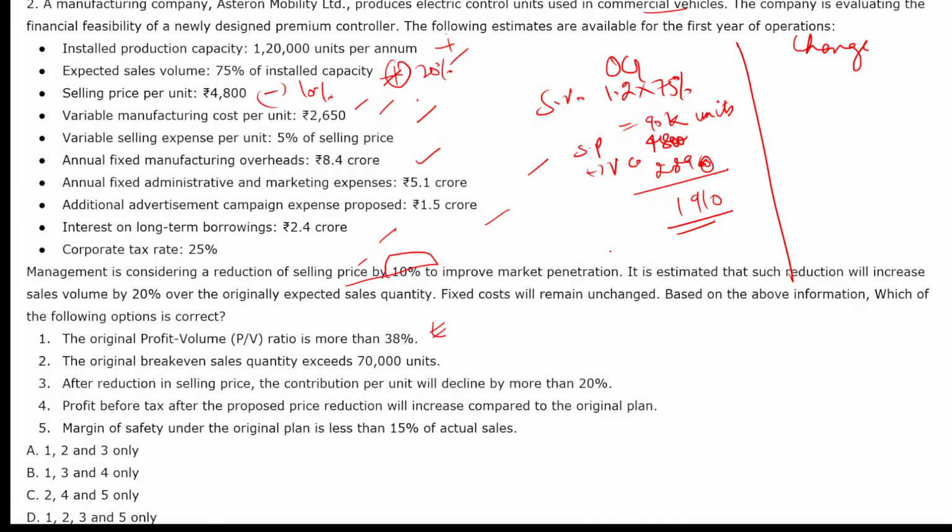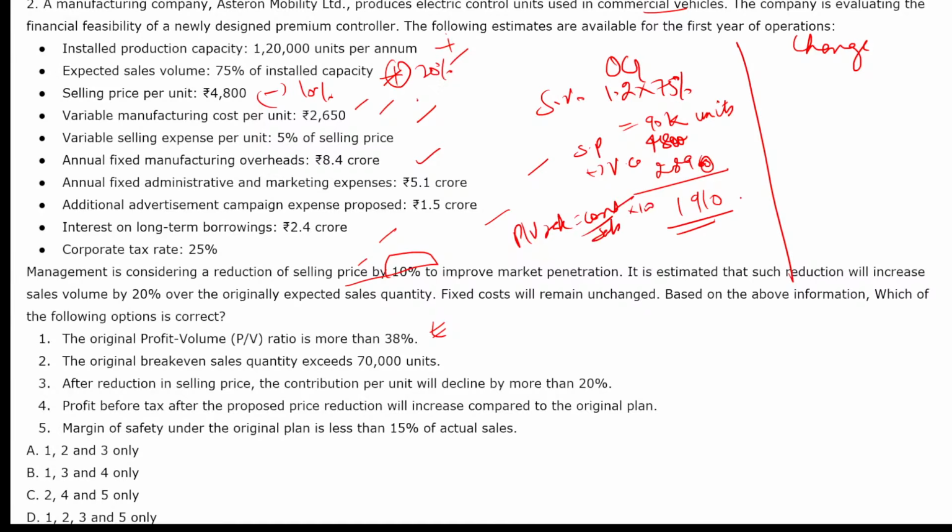Right? Any doubt till here? Please ask. Okay. So 1,910 is your contribution. So PV ratio will be how much? Contribution upon sales into 100.